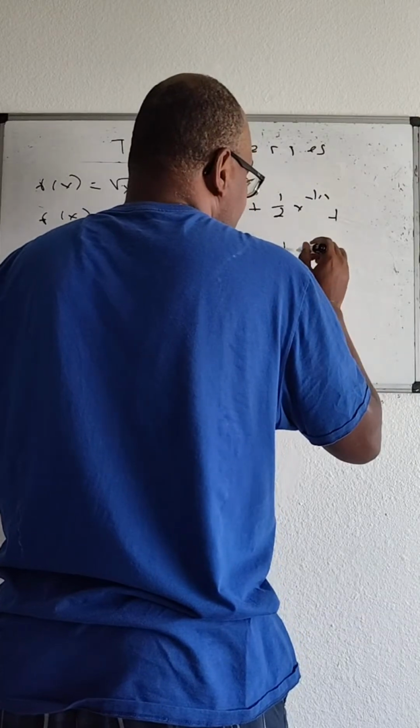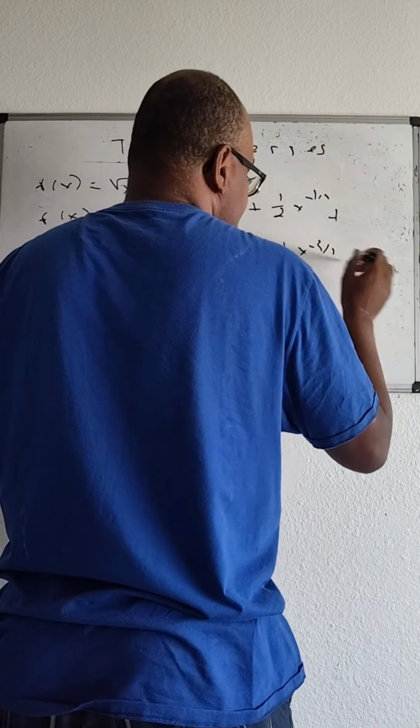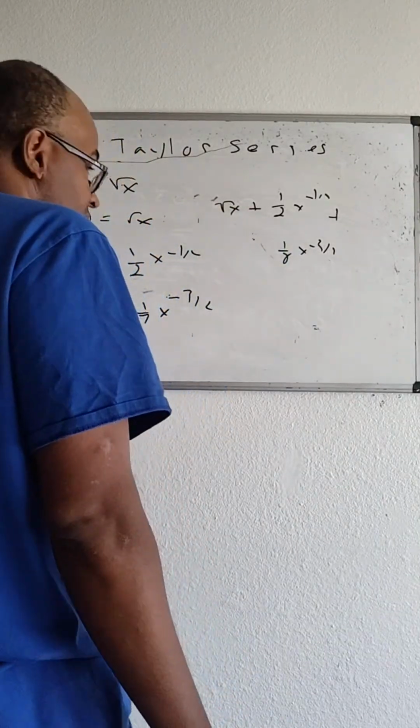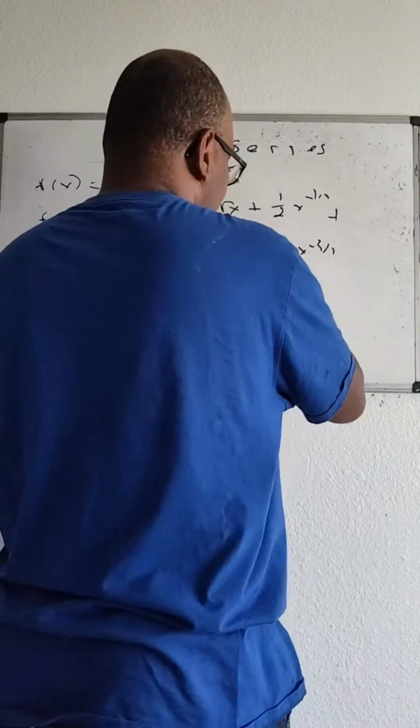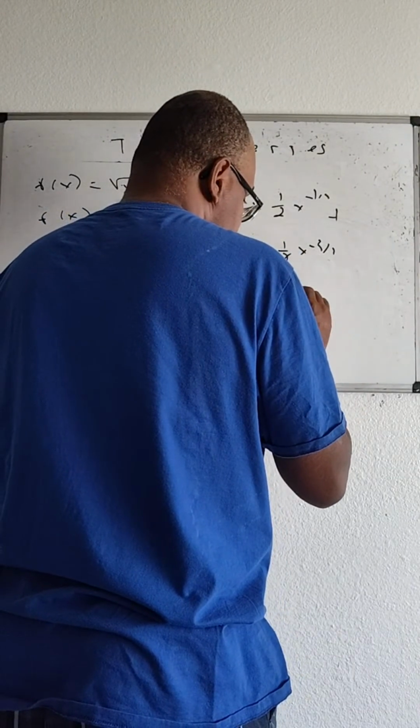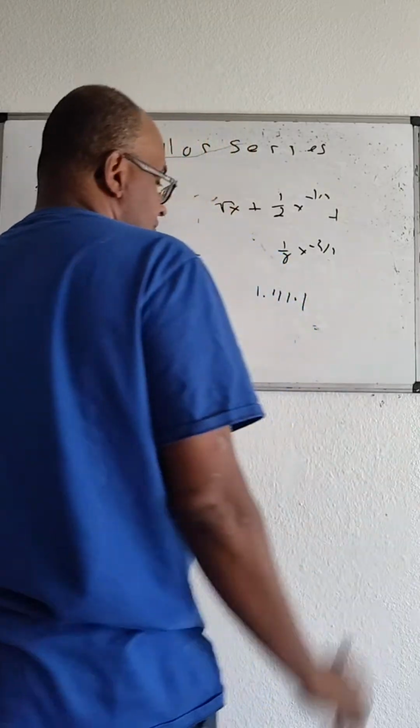So it'll be 1/8 times x to the negative 3/2, and so forth. And if I put in the 1 here, that'll be approximately 1 plus 1/4.